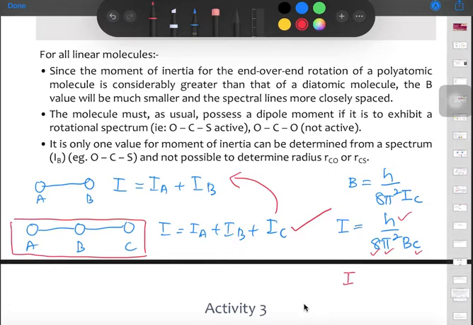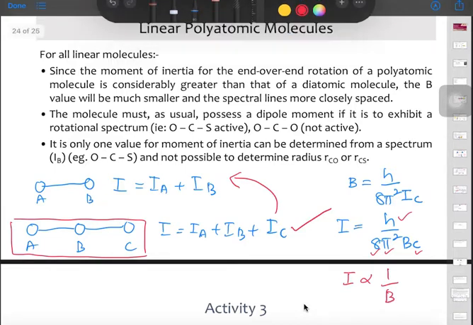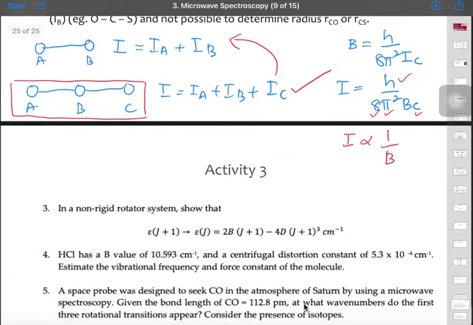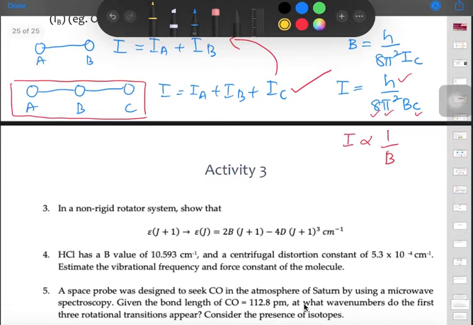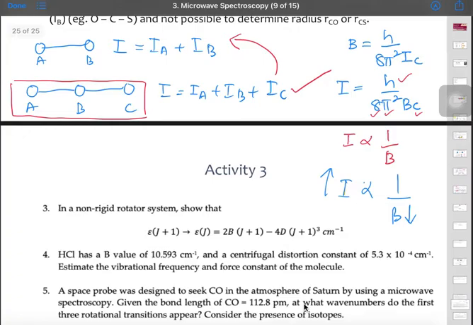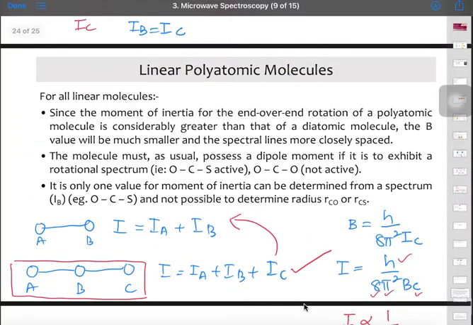Therefore, I is inversely proportional to B. So if you have a higher value of I, you will have a smaller value of B because it is inversely proportional.